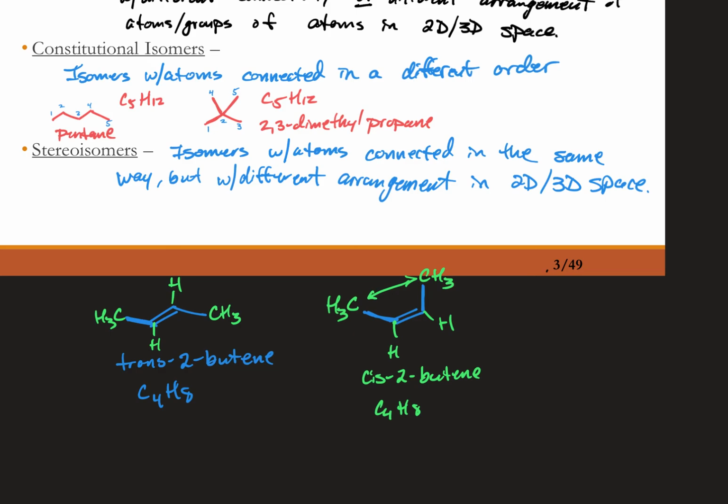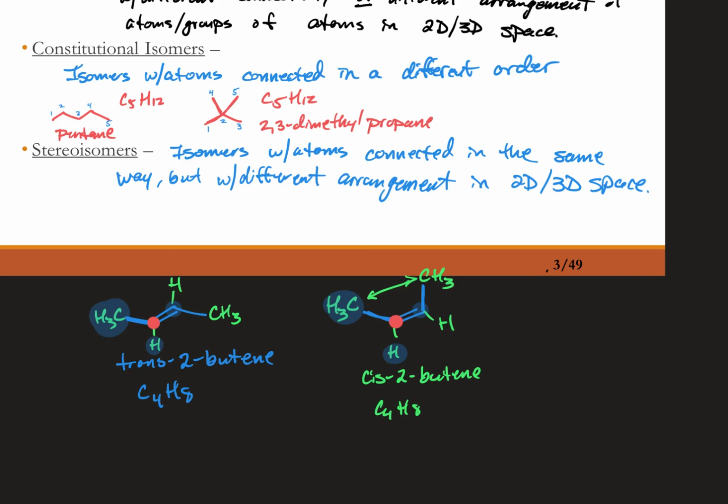Looking at the carbon right here in red, we can see that that red carbon has a methyl group on both structures, a hydrogen in both structures, and it's double bonded to another carbon in both structures.